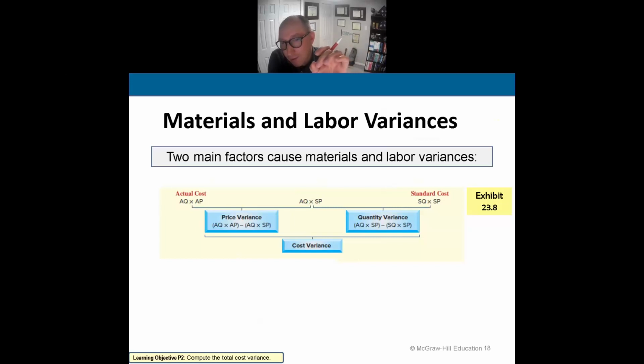This shows me the variance in quantity. Basically, all I'm doing is taking the actual quantity minus the standard quantity. That shows me the variance. Remember, you just plug the values in to make it easy. The difference between the actual cost and the standard cost gives me the cost variance.